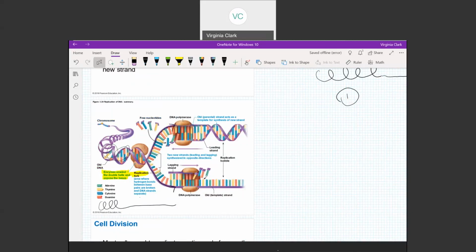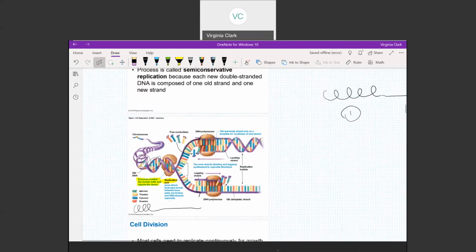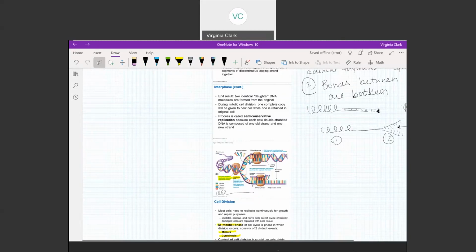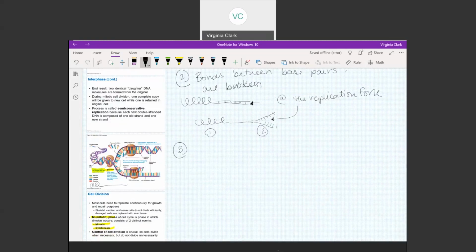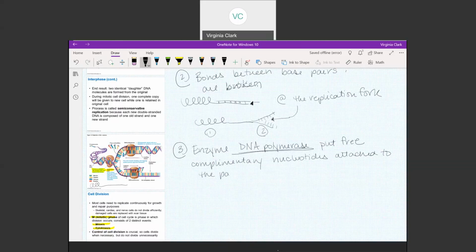Okay, so now the next part is, after we've broken those hydrogen bonds and the base pairs, you're going to go through a process where the enzyme DNA polymerase, so this is the name of the enzyme, is going to put free complementary nucleotides attached to the parent end.